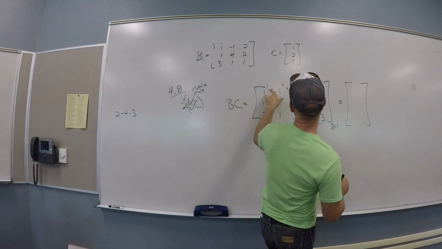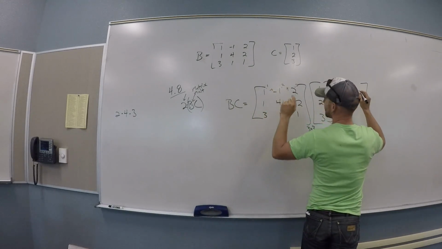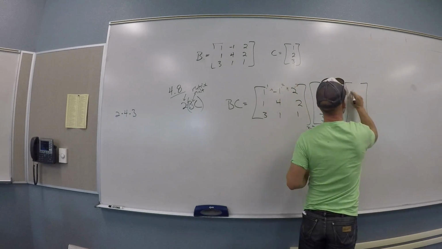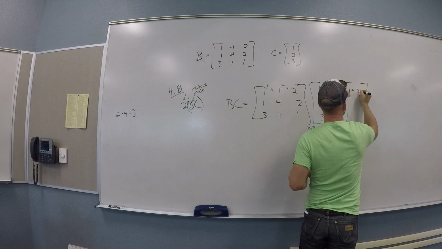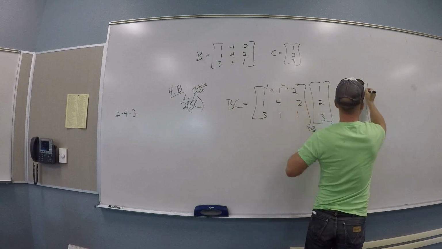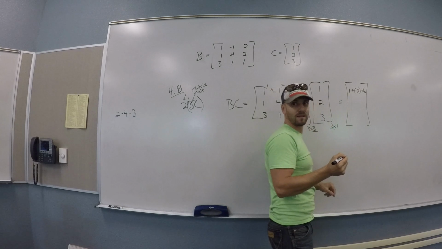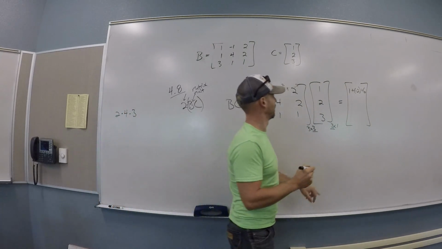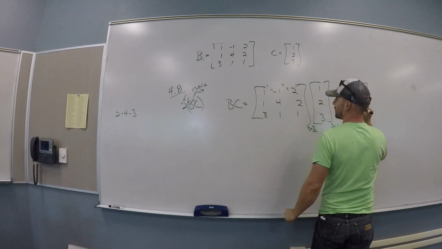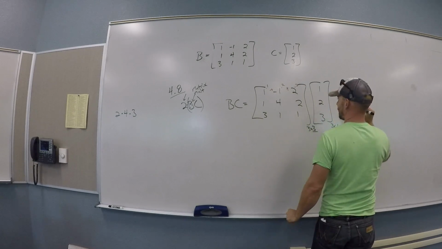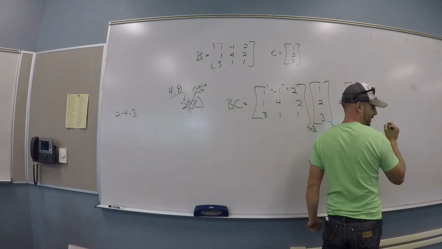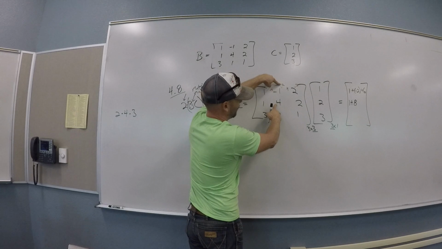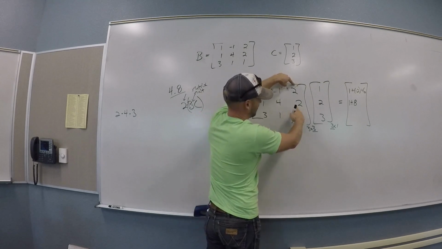So, 1 minus 1 plus negative 2 plus 6. And next one, 1 plus 1 plus 8 plus 6.